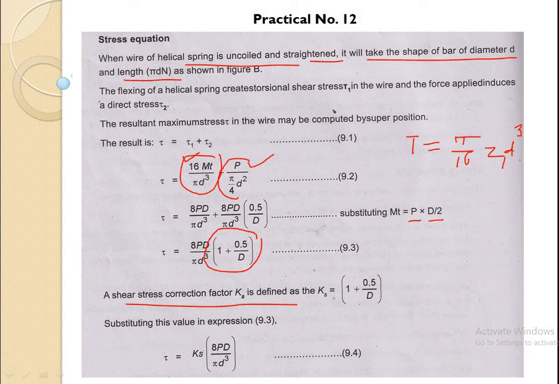So our equation becomes maximum shear stress is equal to Ks into 8p upon pi d cube. In this case we have not considered the Wahl's correction factor. In this case we have only considered the shear stress factor. So we have used this equation Ks 8p upon pi d cube. This is the maximum shear stress which is induced in the spring, which we can calculate.